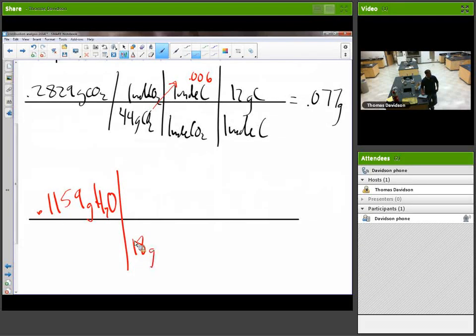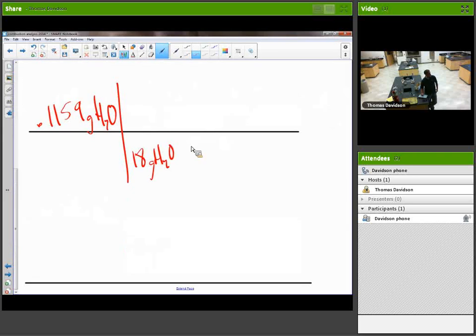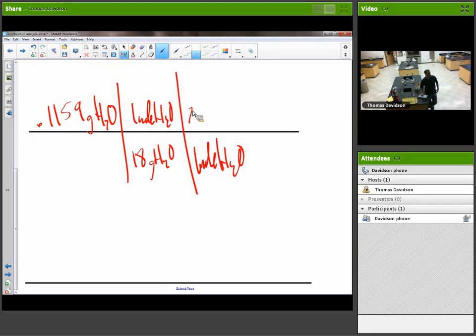I'm annoyed that I did that in color, but whatever. 18 grams H2O. I'll scroll. You're probably annoyed because you can't see. 1 mole H2O. We have 1 mole H2O for every 2 moles H. For every 1 mole H, I have 1 gram of H, and that equals what value?